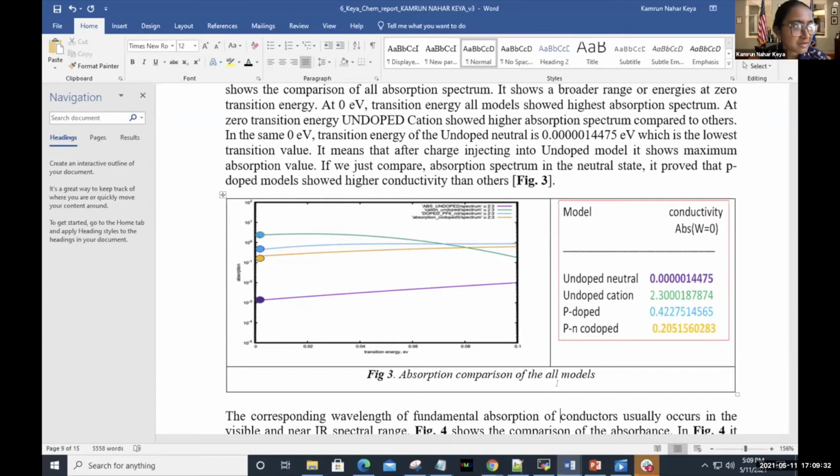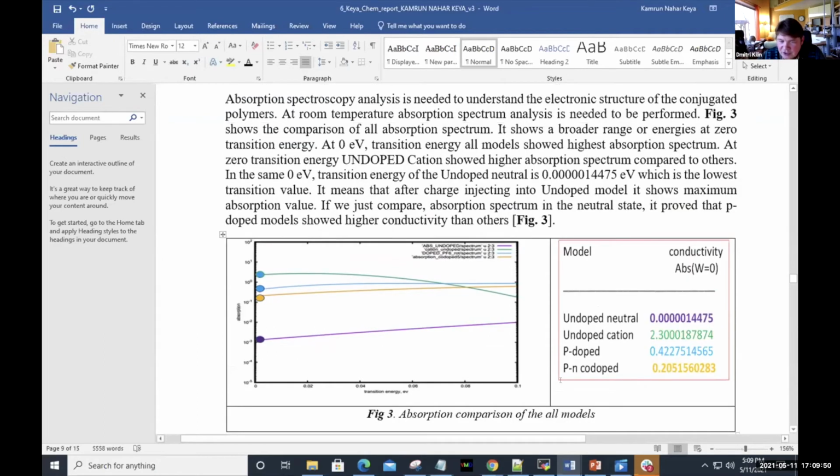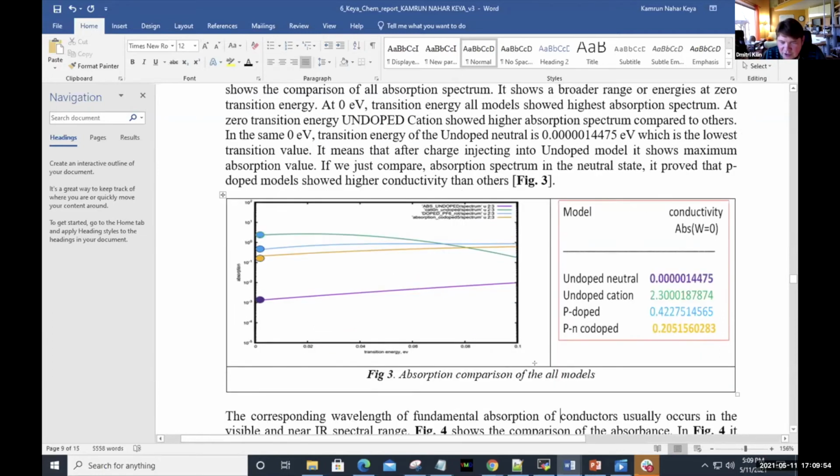So from my understanding, from the absorption spectrum, we are able to see the energy. If the molecule accepts energy at certain transition energies, if electrons can be promoted to the higher states, if the resonance conditions are matching.